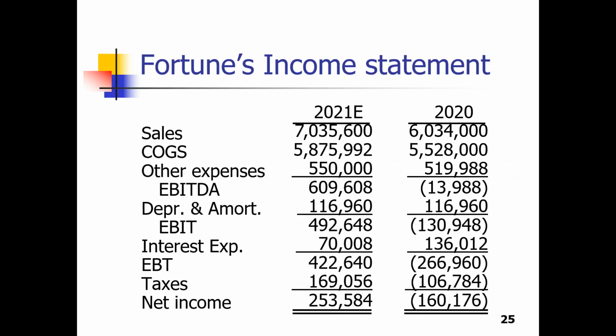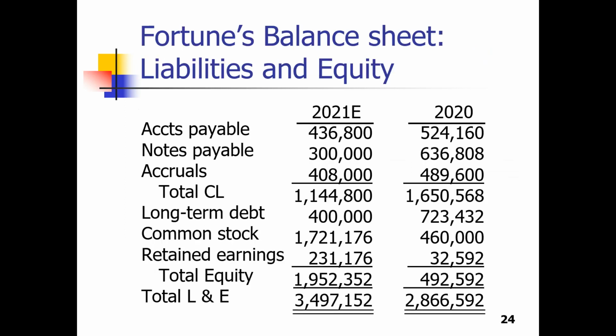Then we go to the income statement, and of course, we read the bottom as net income. So if we want to calculate the return on equity, we say 253 in thousands divided by 1,952,000, and we get a return on equity.